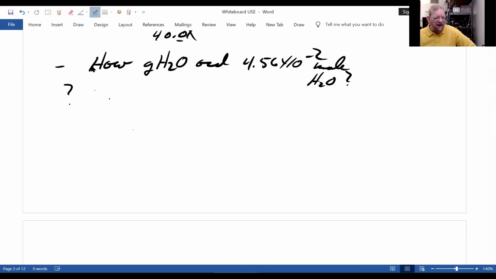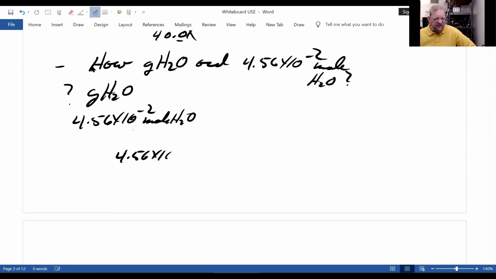What are we trying to find? Grams of water. What are we given? 4.56 times 10 to the minus 2 moles of water. Therefore, the only thing we have to start with is this. It's very important to put the units down. And if I have a ratio, what do I want to get to?